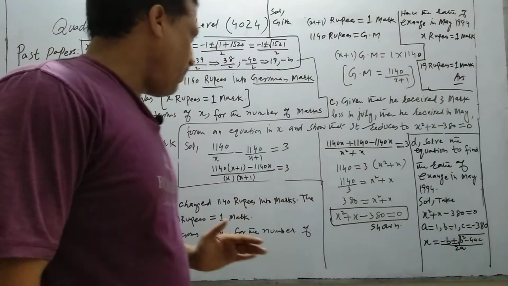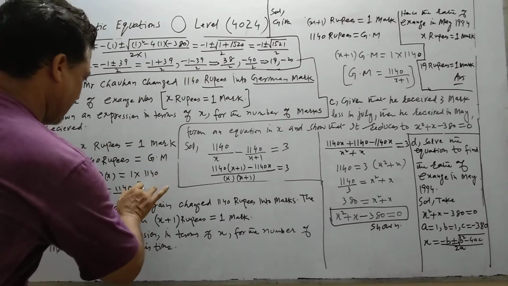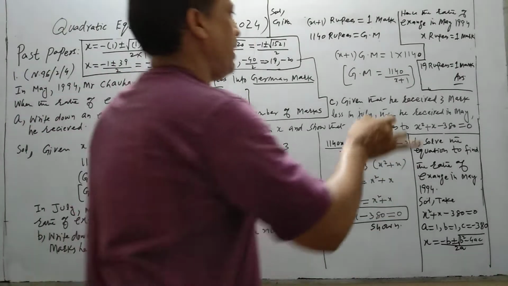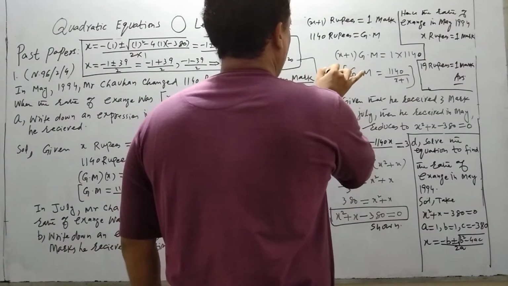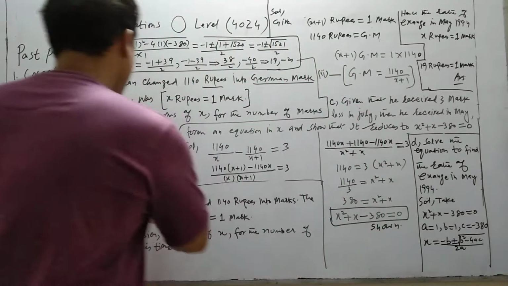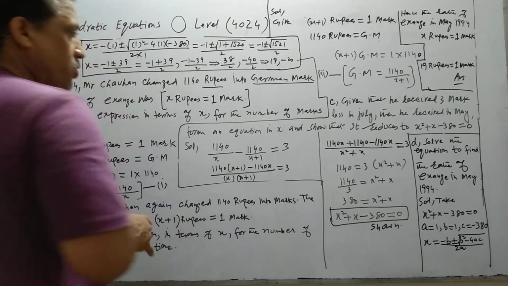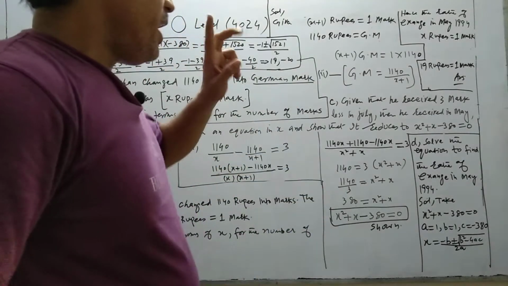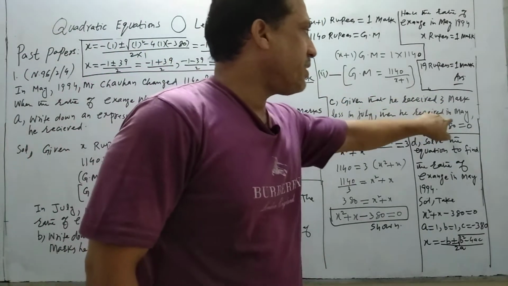With the help of these two conditions, I can name this equation number 1 and this equation number 2. So according to the question, he received 3 marks less in July than he received in May.